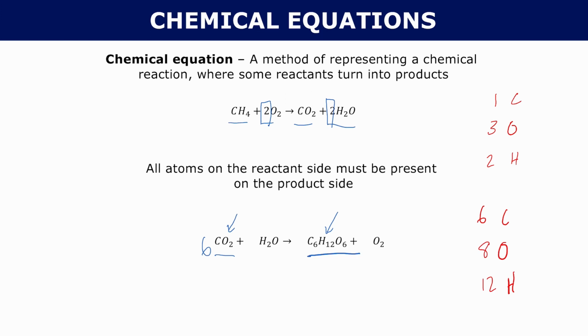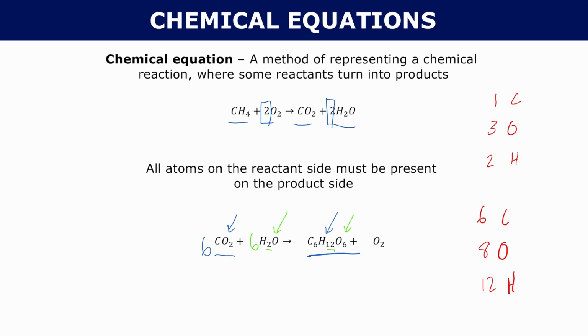Another easy one is the hydrogen. So the only source of hydrogen on the left-hand side is the water, and the only source of hydrogen on the right-hand side is the glucose. And since there's a subscript of 2 here and a subscript of 12 here, in order for these to be balanced out, you know that you need a coefficient of 6 here.